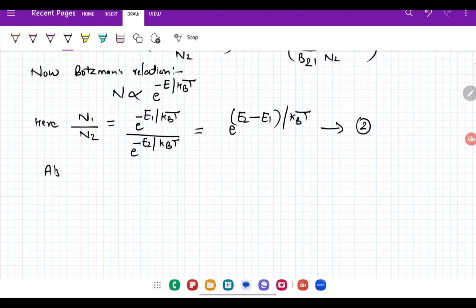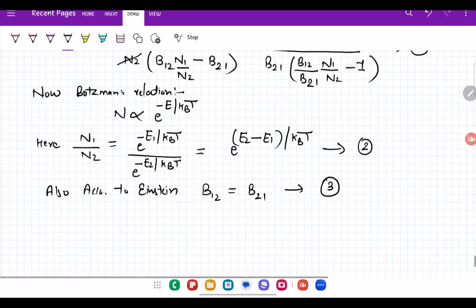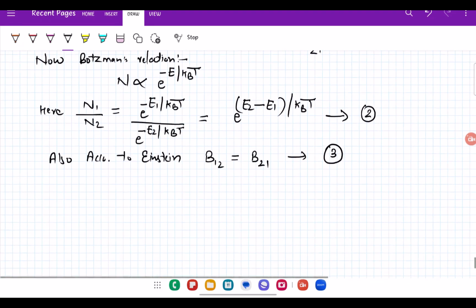Also, according to Einstein, the rate of stimulated absorption is equal to the rate of stimulated emission, right? So this is my equation number 3. So I am going to use equations number 2 and 3 in equation number 1 to find out the energy density.